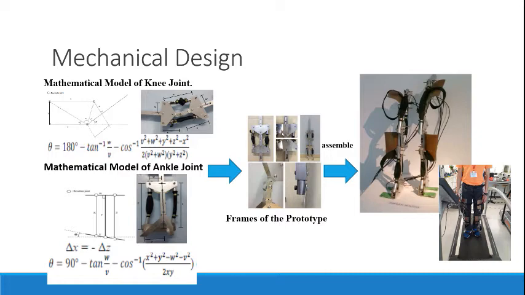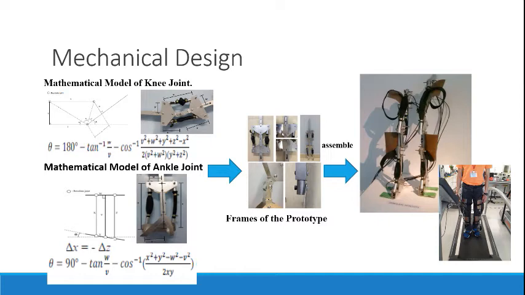After we are satisfied with the knee joint motions and the ankle joint motions, we can proceed with our fabrication, which, as you can see from the figures, is the frames of the prototypes.